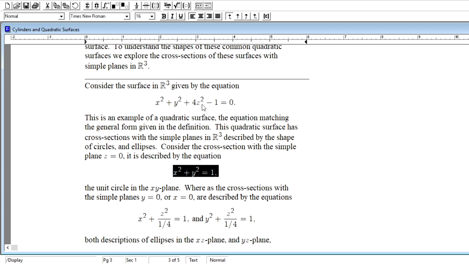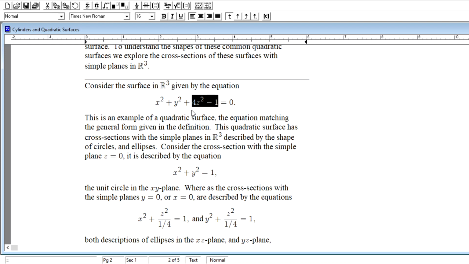And in fact, we could start to notice if we intersect any plane with z equaling some real number value with this surface, right? If we intersect any simple plane along the z-axis with this surface, we'll always obtain a circular shape at the center.